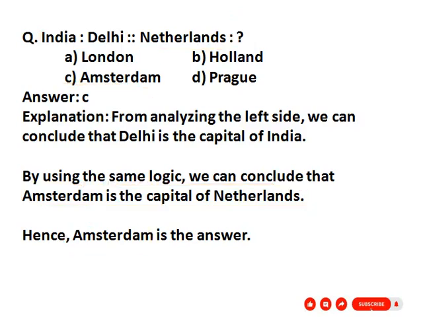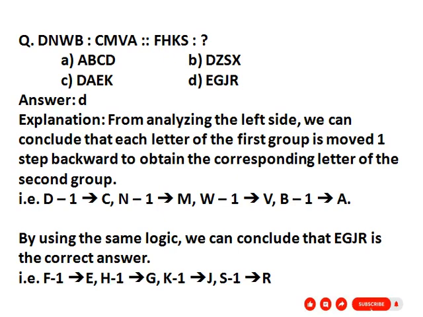Our next question is DNWB CMVA. First group DNWB and CMVA. Second group FHKS and question mark. So what is the relation between D and C?